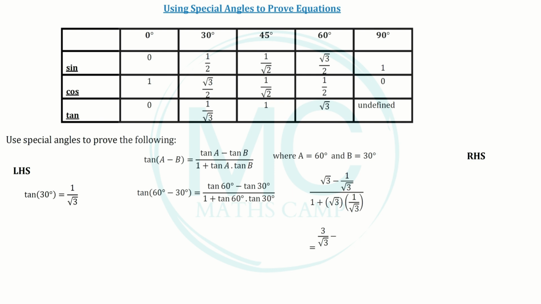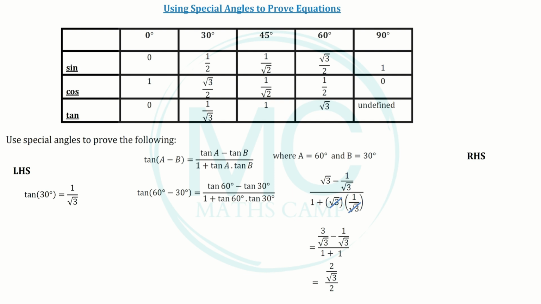And we can subtract 1 over root 3, all over our denominator of 1 plus root 3 multiplied by 1 over root 3. Our root 3's will cancel out, and we're left with 1. Now, in our numerator, 3 over root 3 minus 1 over root 3 leaves us with 2 over root 3, all over 1 plus 1, which is 2.